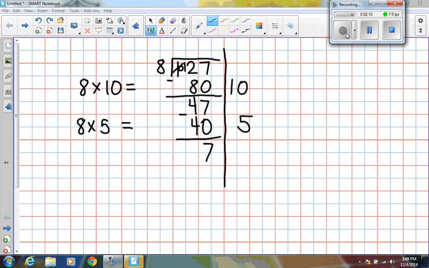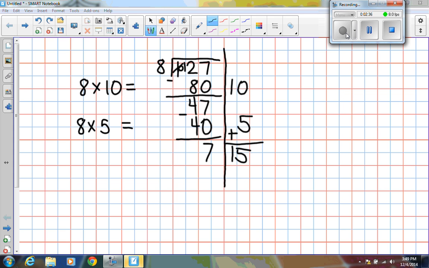Now, my difference of 7 is less than my divisor, so there's no more that I can pull out. But I'm not done with my problem. My next step is to add the amounts of eighths that I pulled out of my original 127, which is 10 plus 5 is 15.